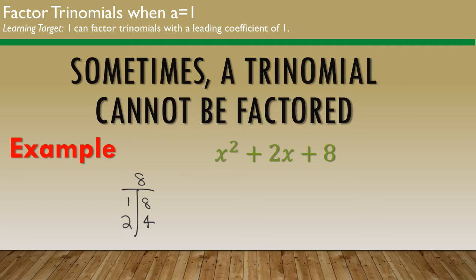So these factors have to add to make a 2. So we could possibly make a 2 with a negative 2 and a positive 4, but that doesn't multiply to make a positive 8. So there are no factors here that add to make 2 and multiply to make positive 8. So this thing cannot be factored.